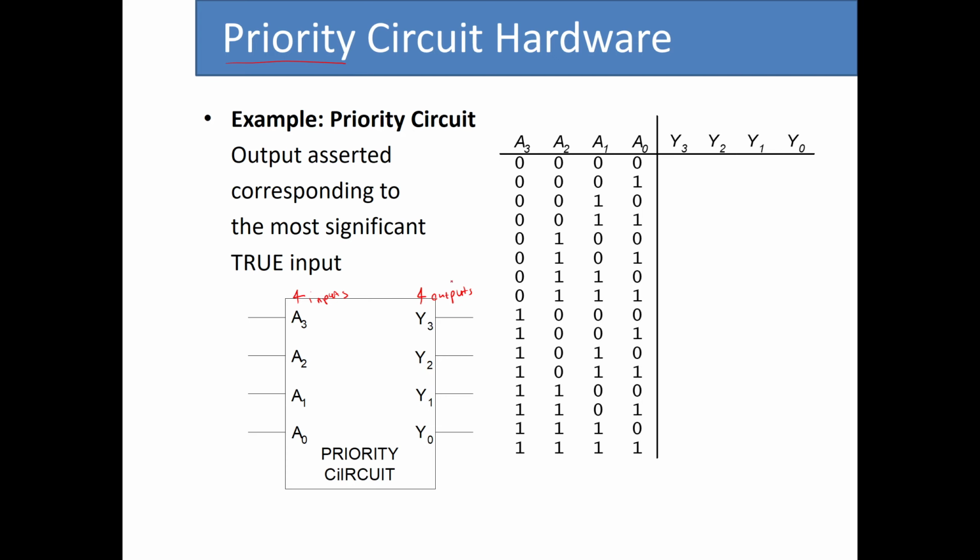So just from knowing that we have 4 inputs, we can create a list of all the possible combinations using these 4 inputs. I have put them in order from A3 to A0, and if I consider this as a 4-bit binary number, this is equivalent to 0 in base 10.